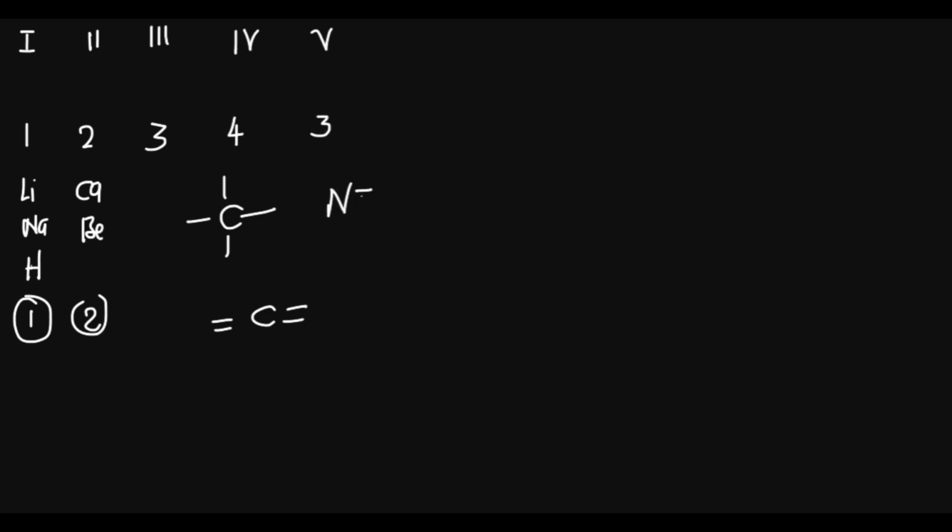Nitrogen likes to form 3 bonds. Then group 6, such as oxygen, has a valence of 2. Oxygen likes to form 2 bonds. Then group 7 has a valence of 1, so group 7 likes to form 1 bond.